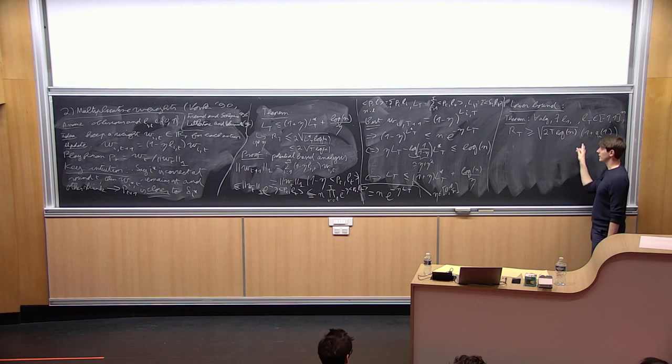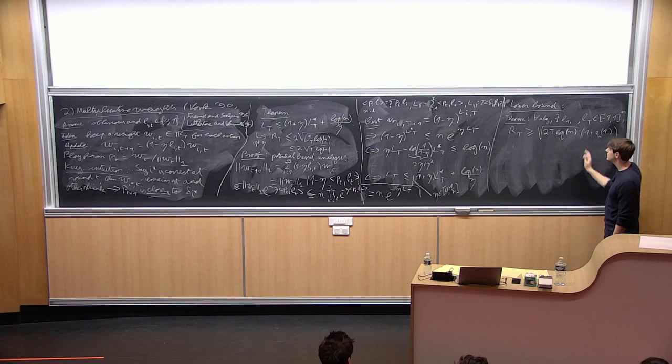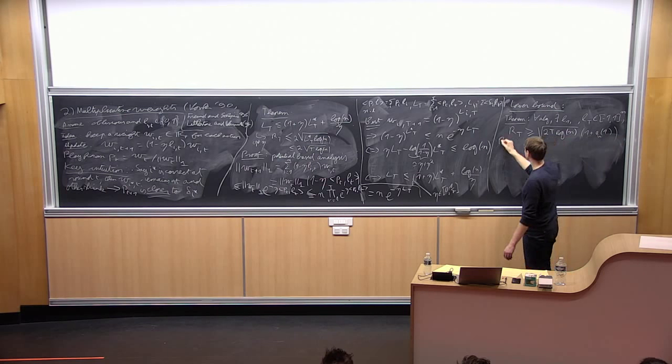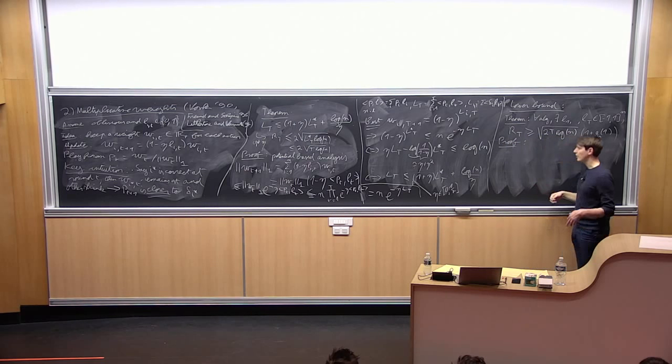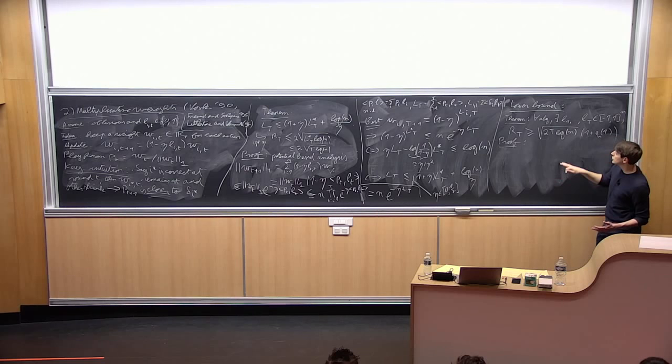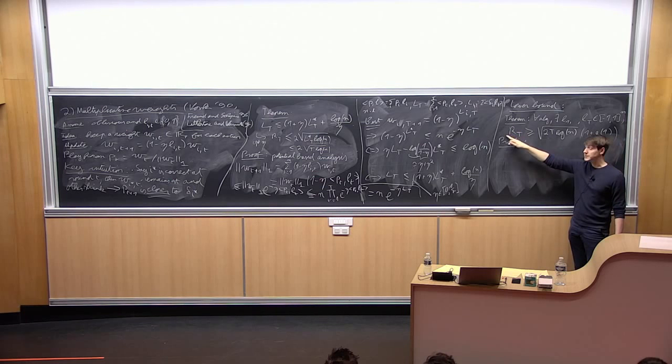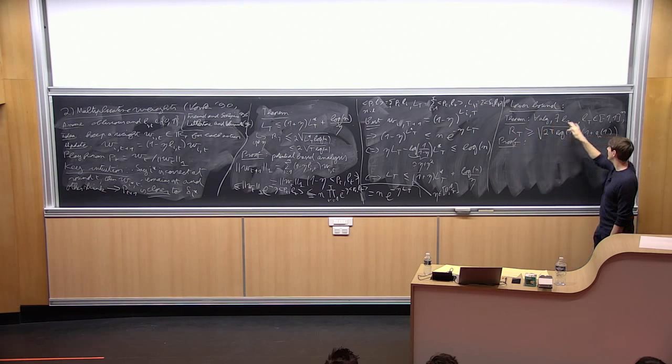Okay, very good. So I now want to prove this lower bound, saying that you cannot do better than square root of 2T log n, up to a term which vanishes when T and n are big. So let's do the proof. The proof uses, if you wish, the probabilistic method. I'm going to show you a lower bound on the expected regret when I take losses at random according to a certain distribution.